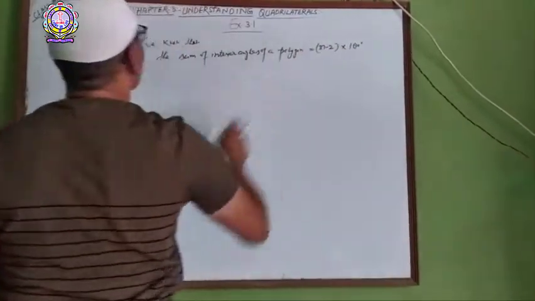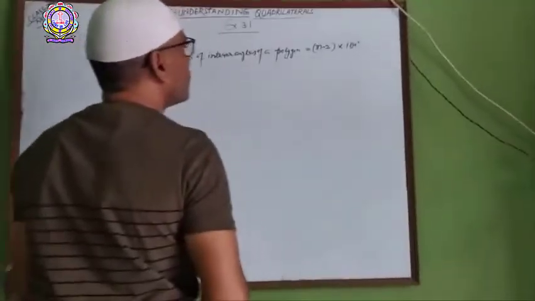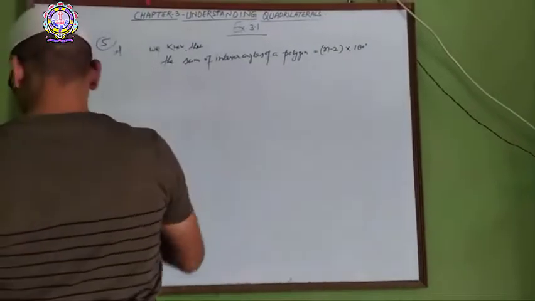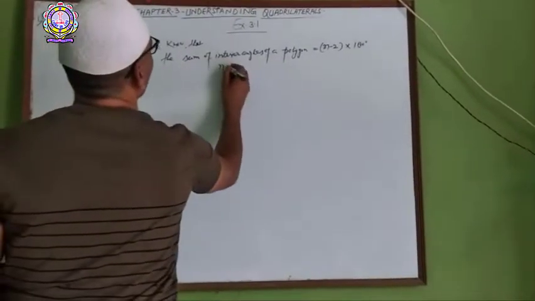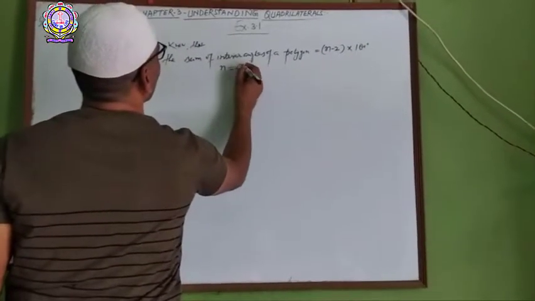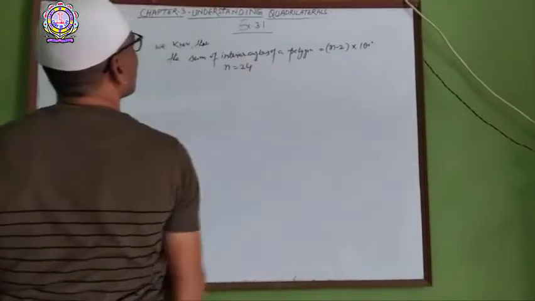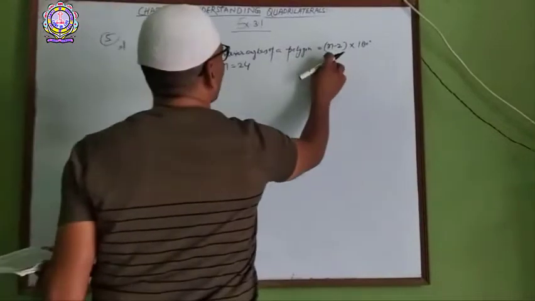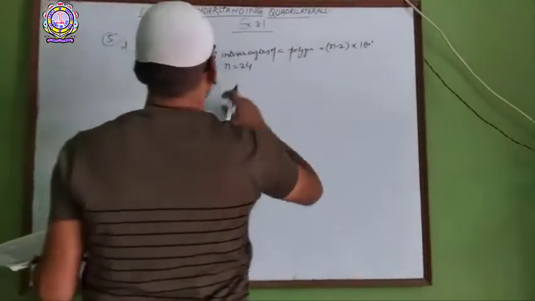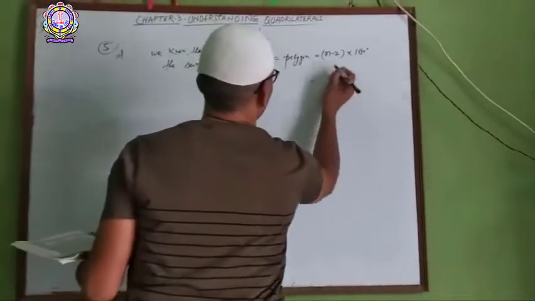This is the formula for the sum of interior angles of a polygon. Here the number of sides of the polygon is given as 24. Put n is equal to 24 here and solve for the sum of interior angles of that polygon.